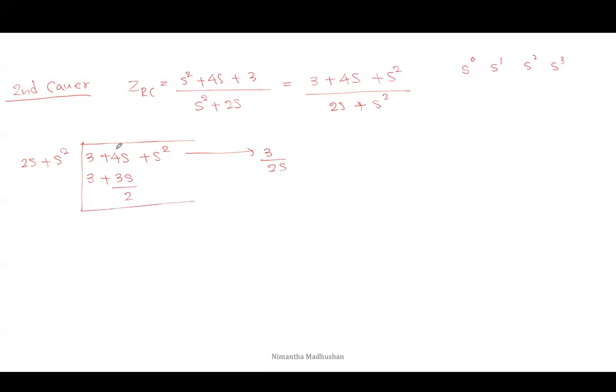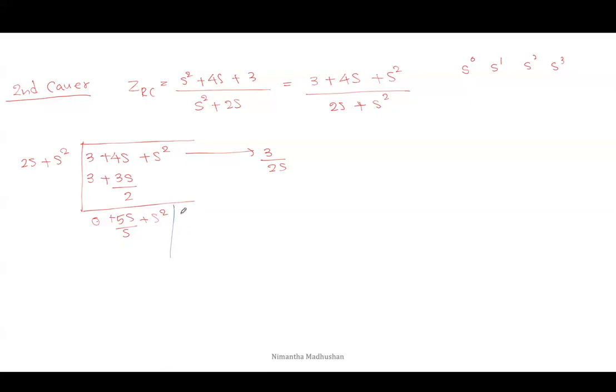Now I subtract these two: 0 plus 5s over 2 plus s squared.